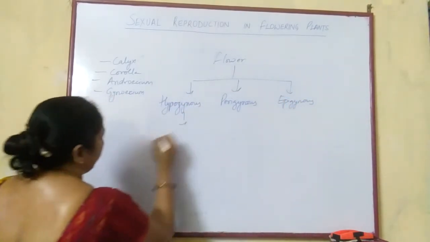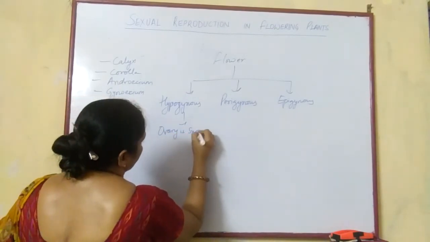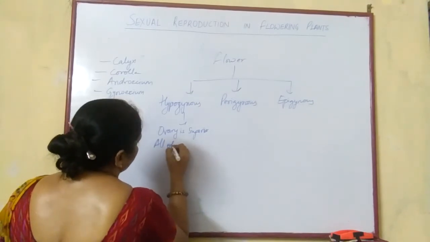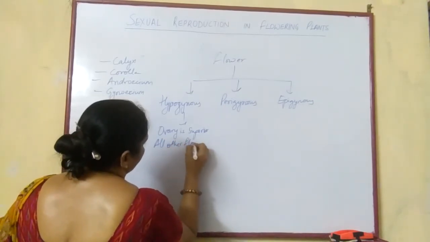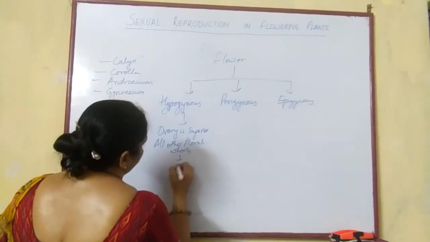In hypogynous, the ovary is superior, and all other floral whorls are inferior.